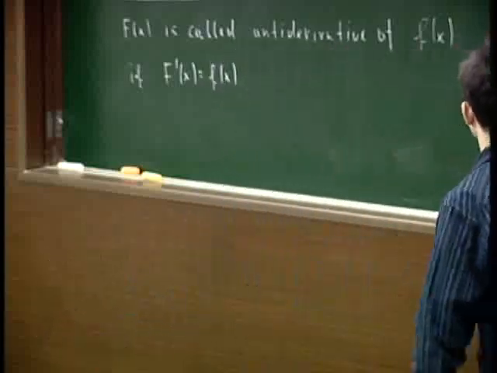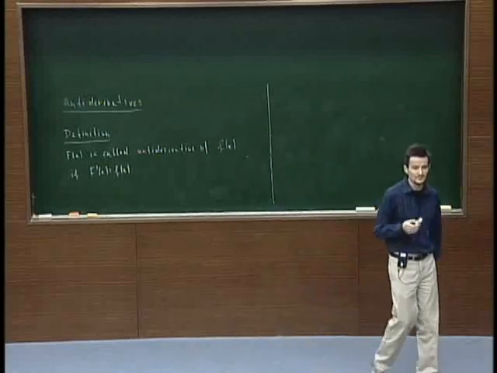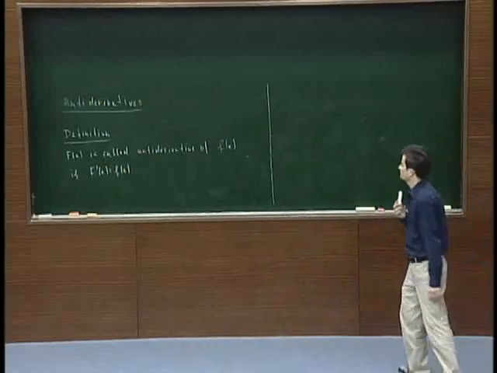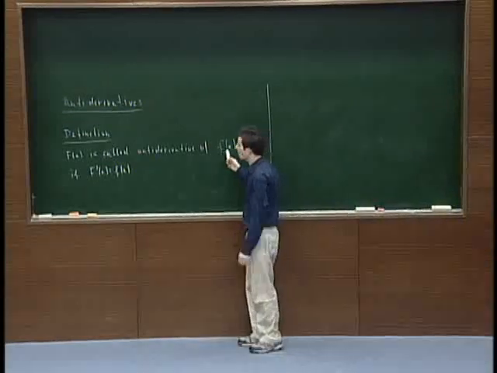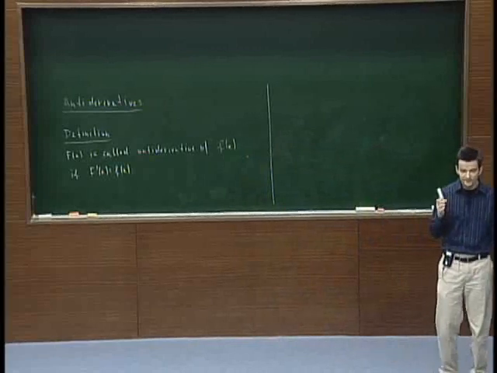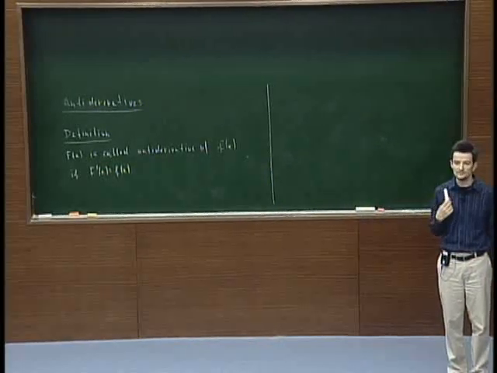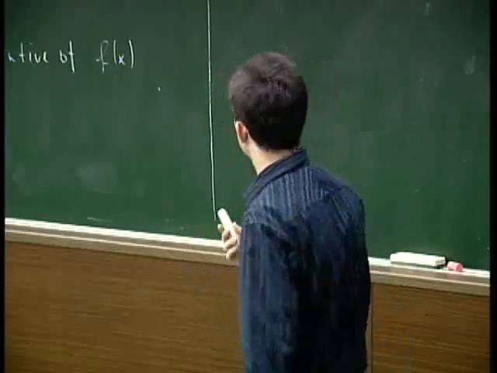Now, the only question we can already answer is how to find all of them. Namely, if the function small f of x is defined on an open interval, and I have an antiderivative, then I know that all other antiderivatives are related to the one I have already found just by a constant. We have proved this already.